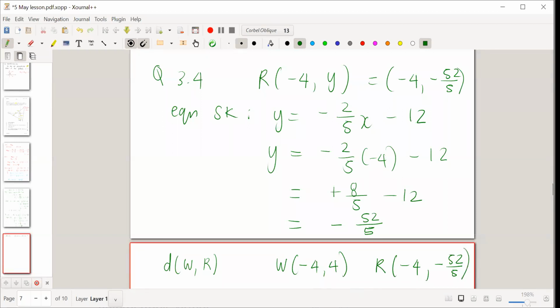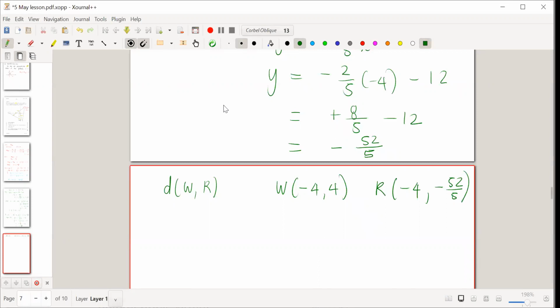-52/5. Okay, and of course, it will be really simple to simply apply our distance formula here. So what did our distance formula say? In this case, you're going to need your calculator. It's perfectly fine if you take it out. I won't use one, so I'm going to rely on you to give me the value.